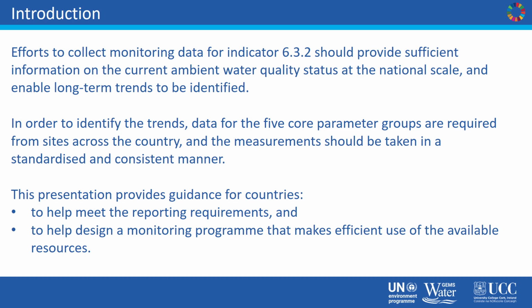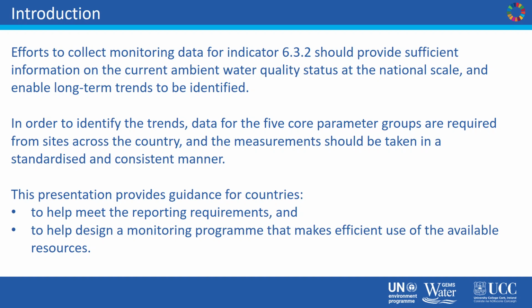Efforts to collect monitoring data for indicator 6.3.2 should provide sufficient information on the current ambient water quality status, but it should also be at the national scale, and it should enable long-term trends in water quality to be identified. To identify these trends, you need data for the 5 core parameter groups.